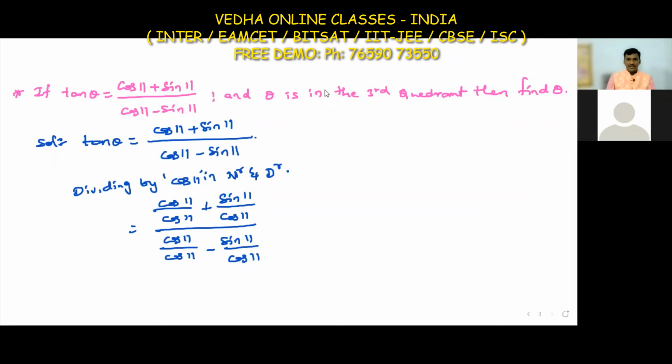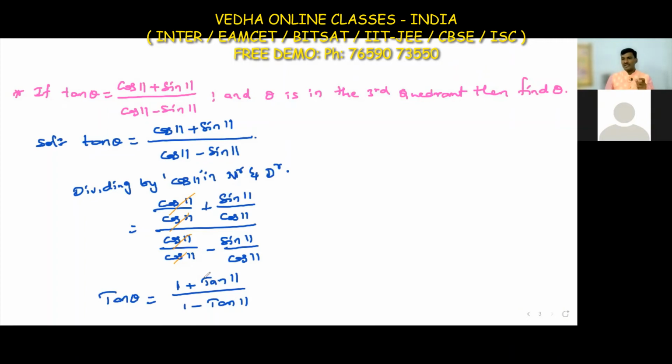So that is nothing but cos 11 gets cancelled. Sin by cos is tan. So here 1 plus tan 11 divided by 1 minus tan 11. This is the value of tan theta.